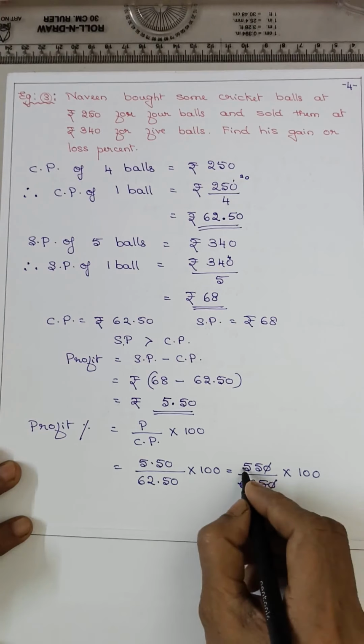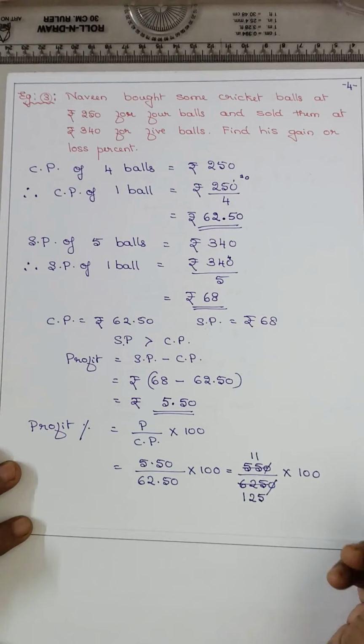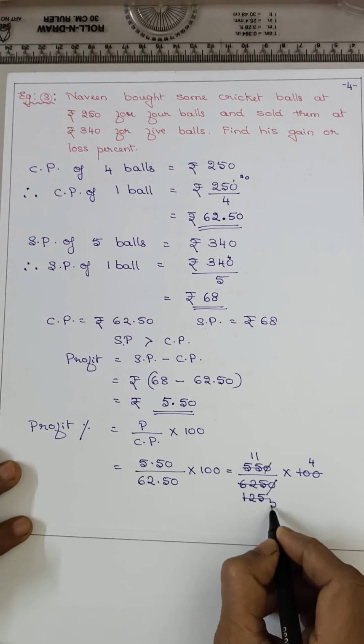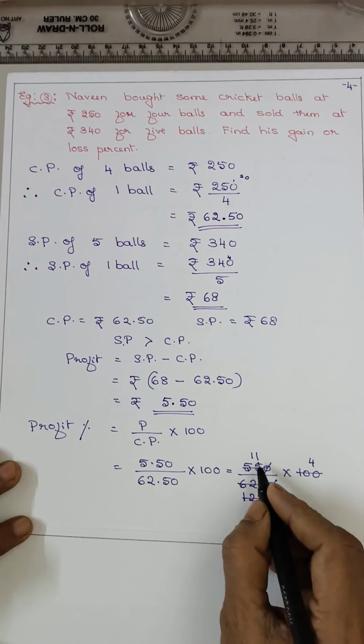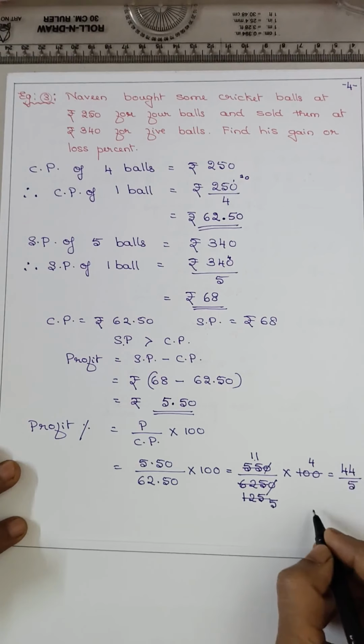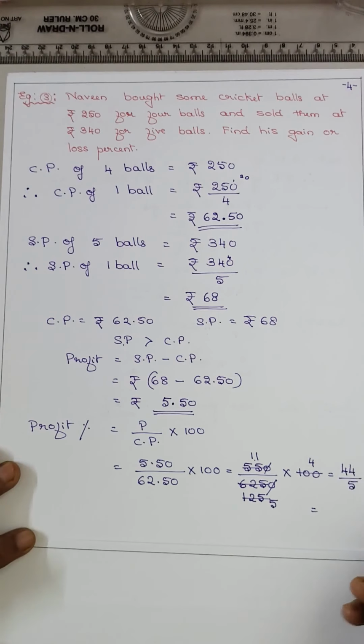Already you know. 5 11, now 25 4 25 5, it is 11 4 44 upon 5. So 5 how much 44? 5 8s are 40. 4 remains by 5.